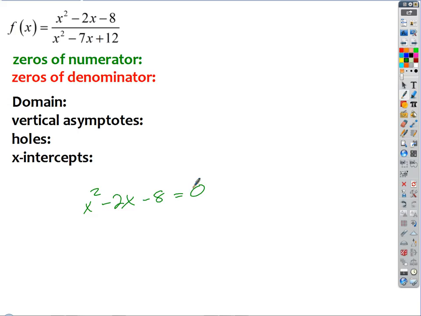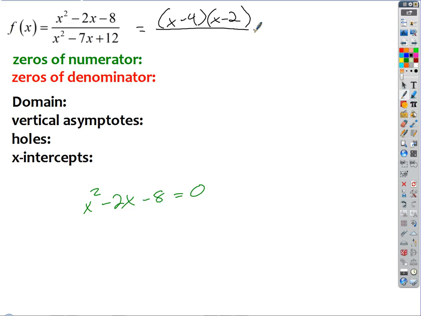We haven't done this in a little while. Multiply to -8, add to -2. Okay, so what would those be? -4 and 2. And while we're at it, why don't we just put the factors on the top like we had last time? So we end up with x minus 4 times x minus 2. And that's going to make finding the zeros at the top pretty easy. Well, let's go ahead and take care of the bottom also. Can we factor the bottom?